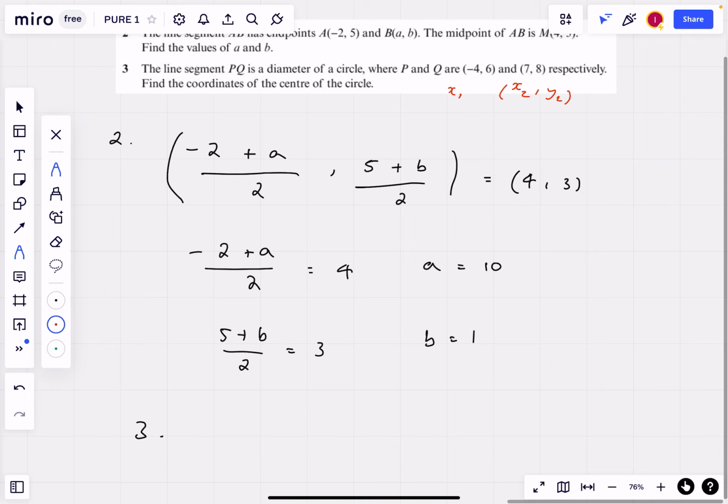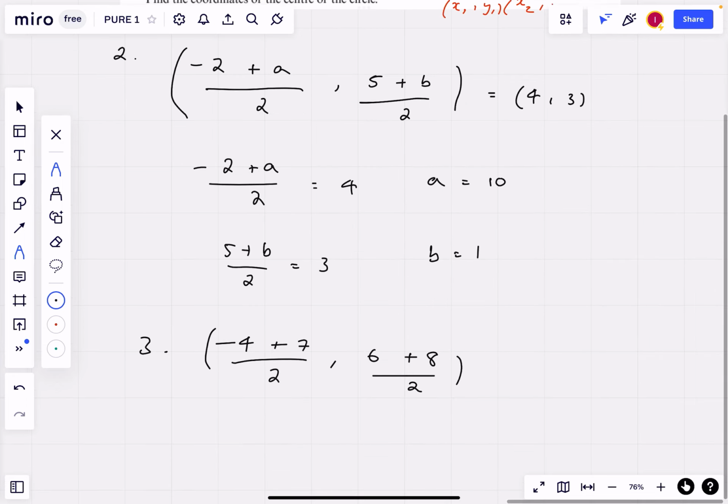That makes this x1, y1. So minus 4 plus 7 over 2 and 6 plus 8 over 2. When we simplify that, that gives us 3 over 2, 7. There you go. That's how you work out midpoints.